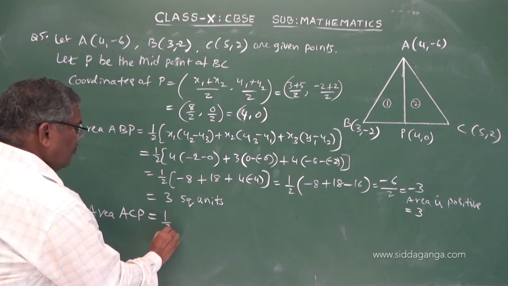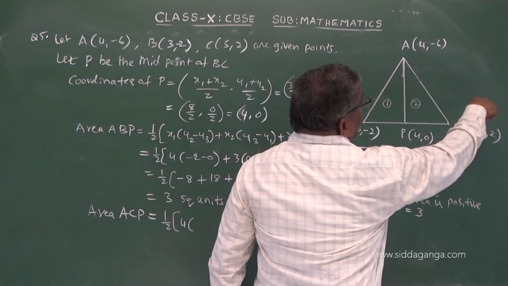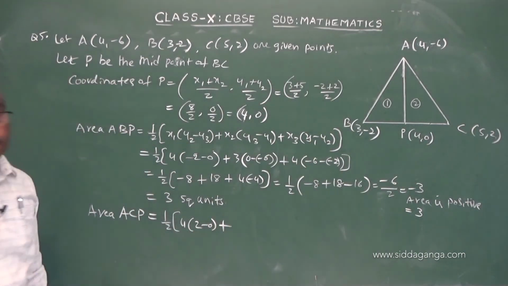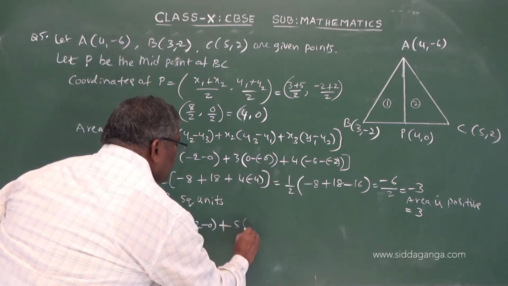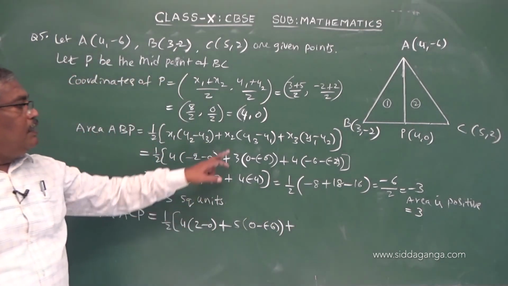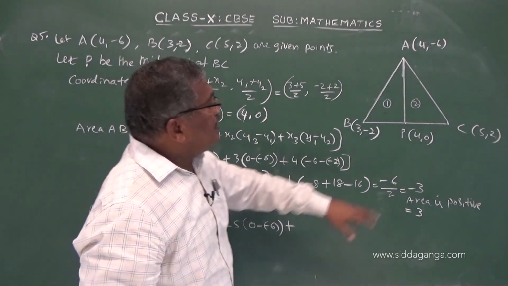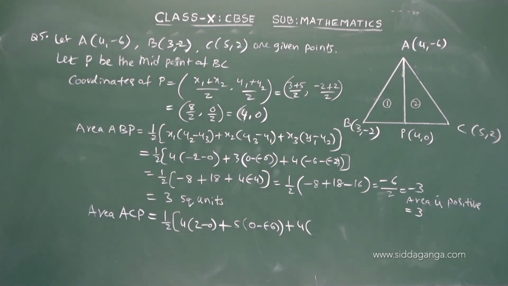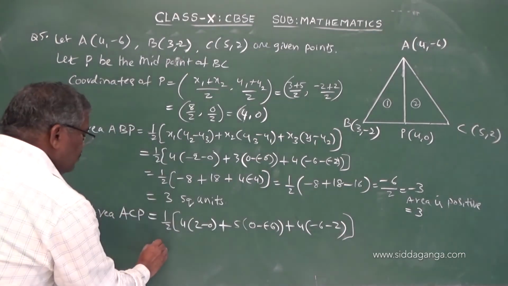So I will write 1 by 2 into 4 times (2 minus 0) plus 5 into (0 minus of minus 6) plus x3, which is 4, into (minus 6 minus 2). Close the bracket, and simplify.